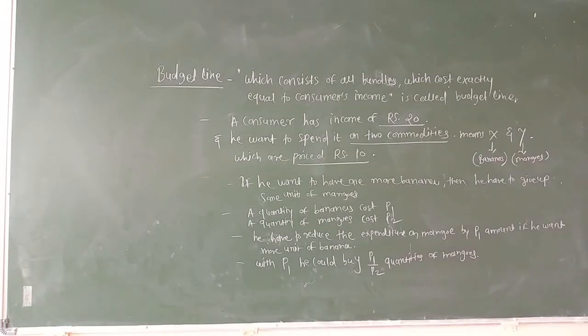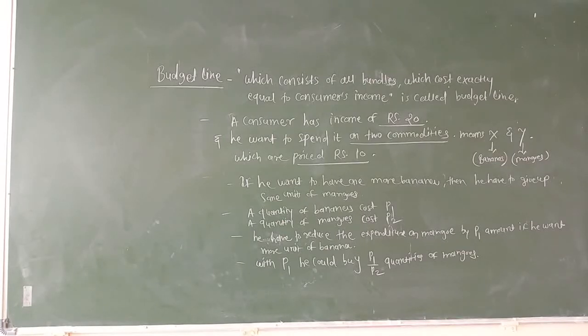Means here, how many mangoes does a consumer give up if he wanted an extra unit of the banana? Here the quantity of banana cost is P1 and the quantity of the mango cost is P2.